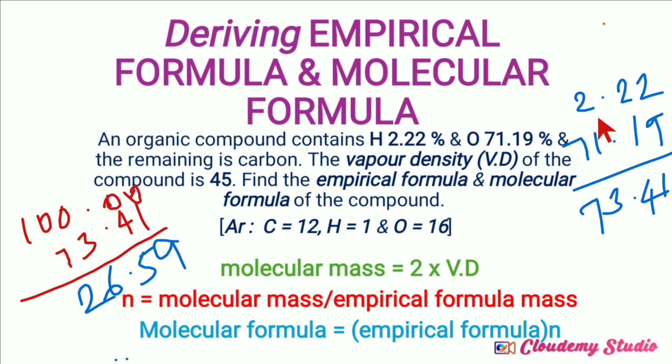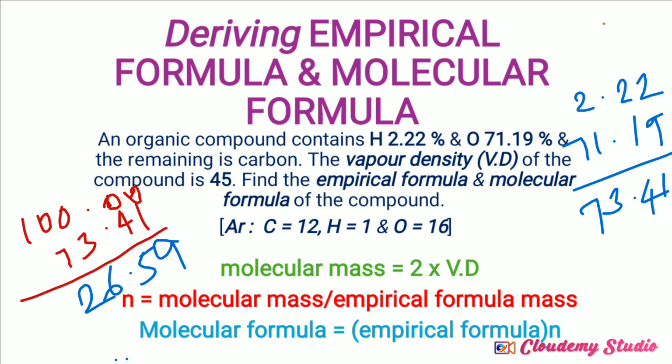This is the 2.22, that is the percentage mass of hydrogen. 71.19, this is the percentage mass of oxygen. If we add together, the result is 73.41%.